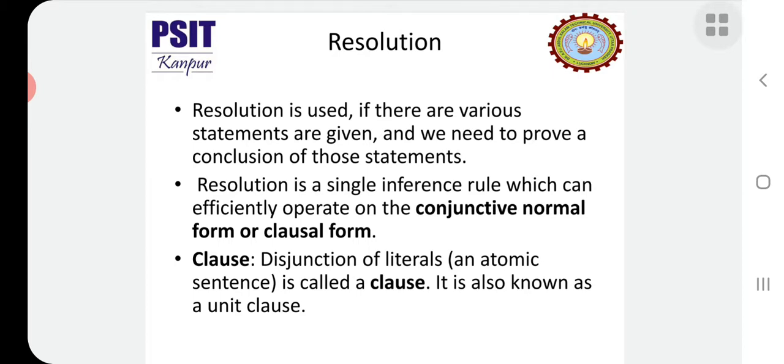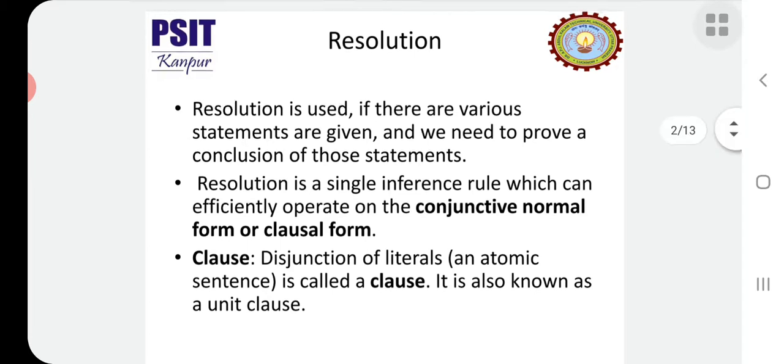Let's suppose we have n number of statements, and we need to prove a conclusion. For that, resolution is used. That means with the help of resolution you can prove a particular conclusion.